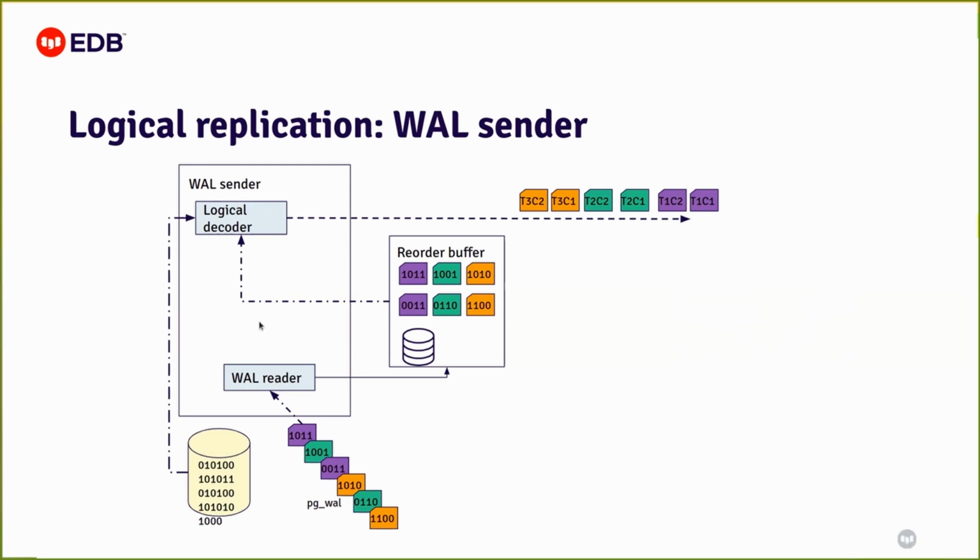In order to do that, it maintains the snapshot of the database as it was when that particular WAL record was applied. So using that snapshot, it interprets the WAL, produces the logical change record, and sends it downstream, which is the last and fourth part of it.